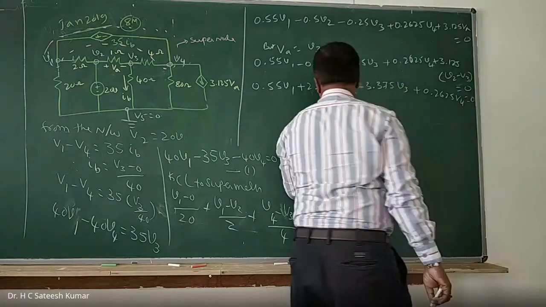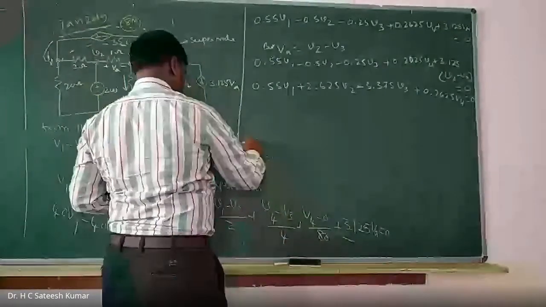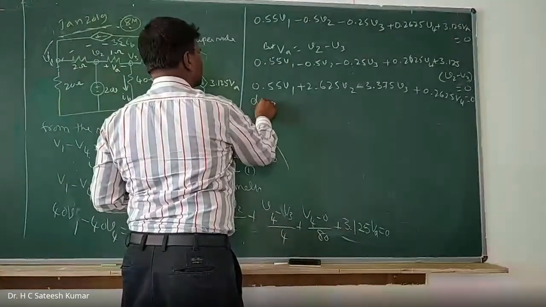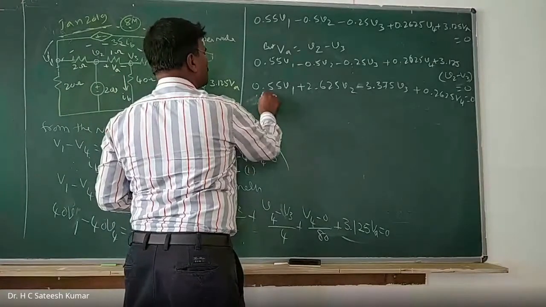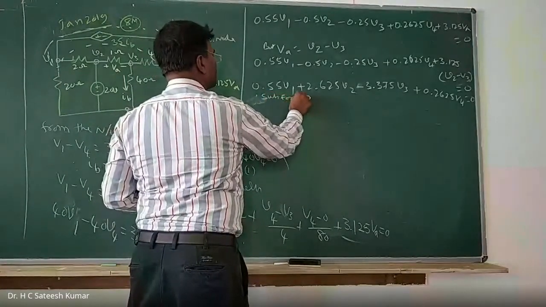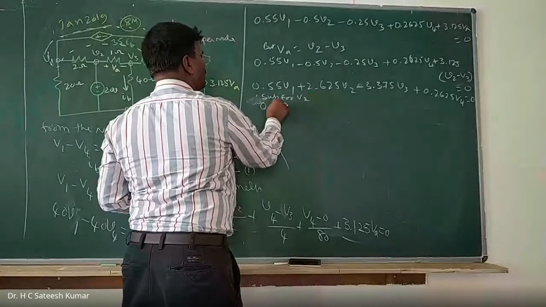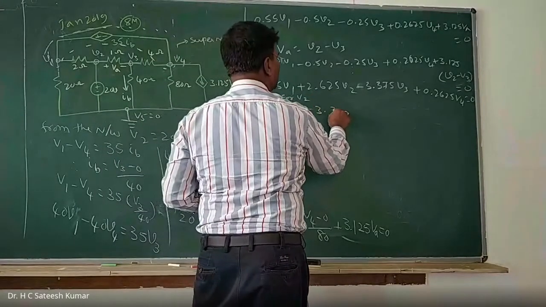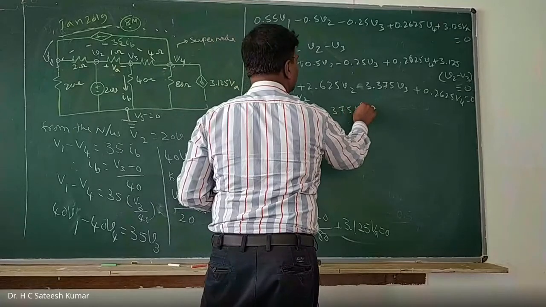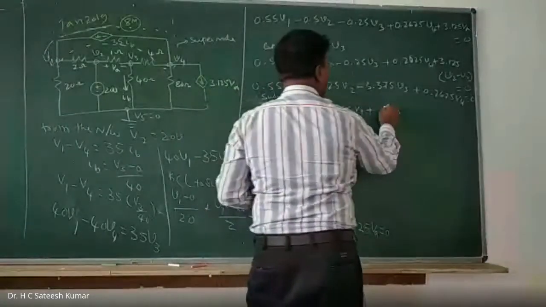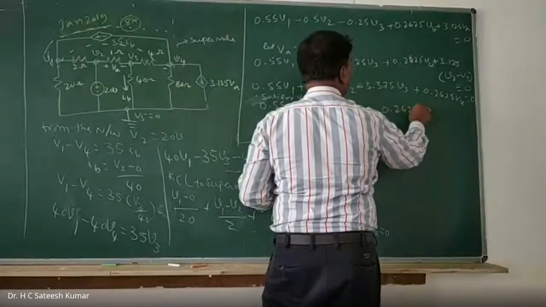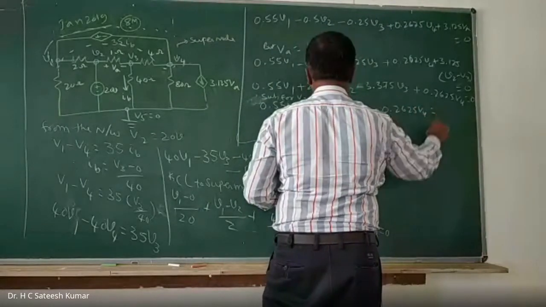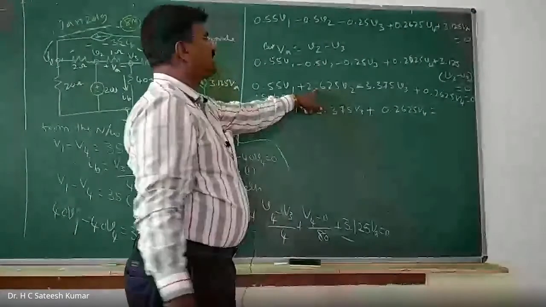Now eliminate V2. Substitute for V2. What will you get? 0.55 V1 minus 3.375 V3 plus 0.2625 V4 is equal to 2.625 into V2.